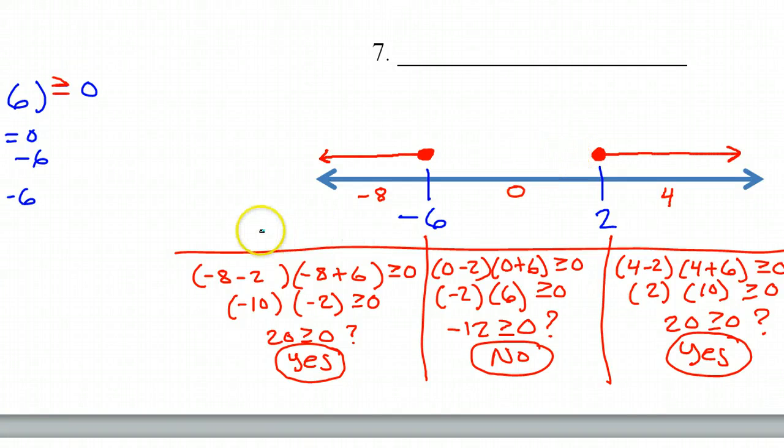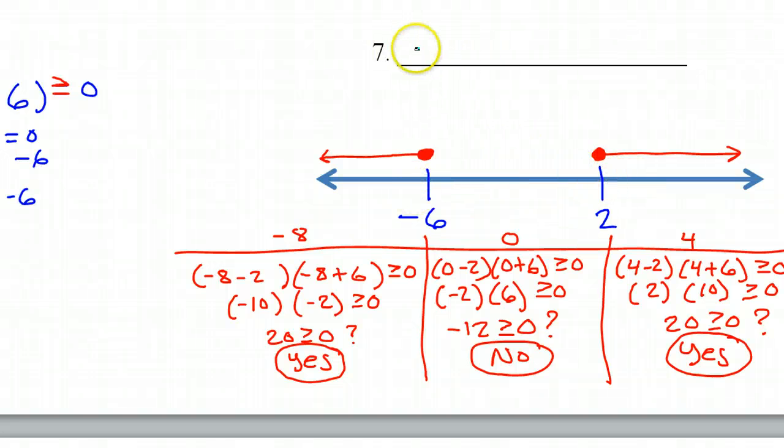Now, maybe I'll move these down here, because unless you're watching the video, it looks like this is part of the number line, and it really isn't. Okay, so there is the graph of the solution.